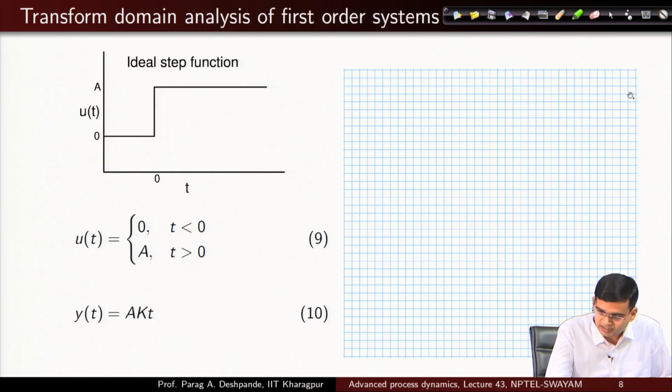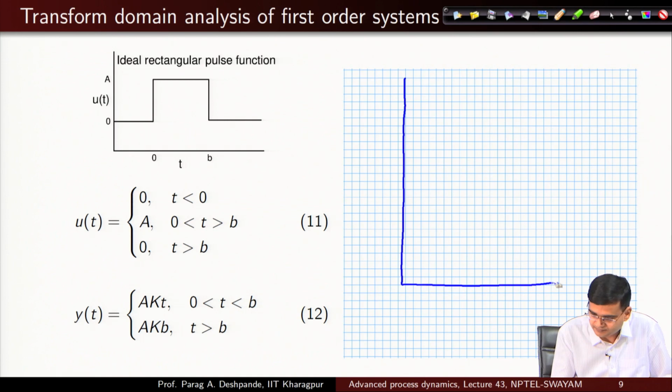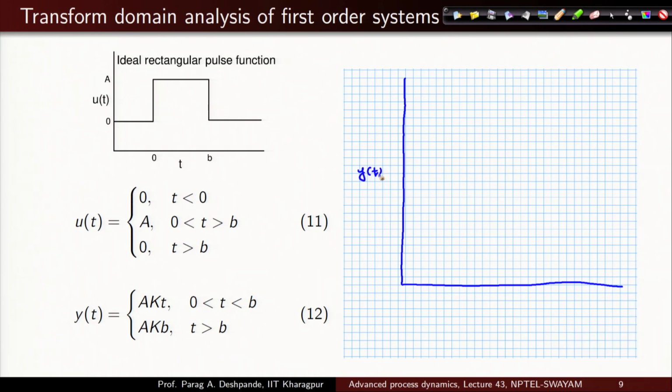What about an ideal rectangular pulse function? Let us draw this. Y of t versus t; this is b, this is 0, this is a. So, this is the input. What would you expect? Well, exponential rise and then exponential decay, but now the system is a pure capacity system.